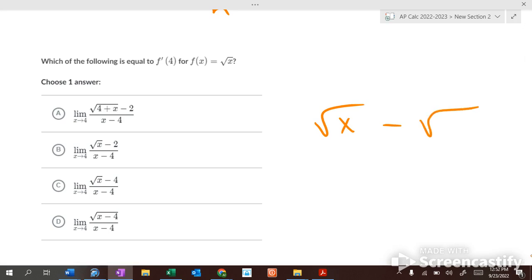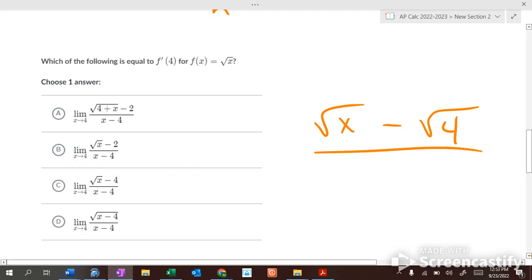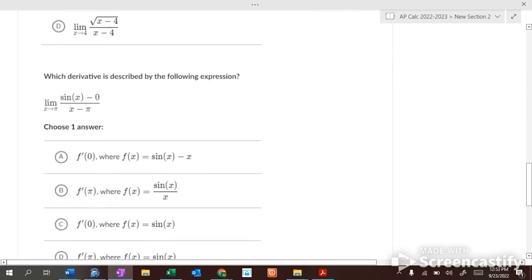So then we take the square root of 4, over x minus 4. Now, none of them say that exact thing, but which one does say that? It is B that says that. So that's how to use that definition.